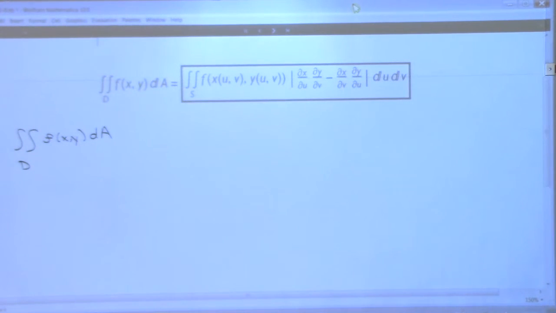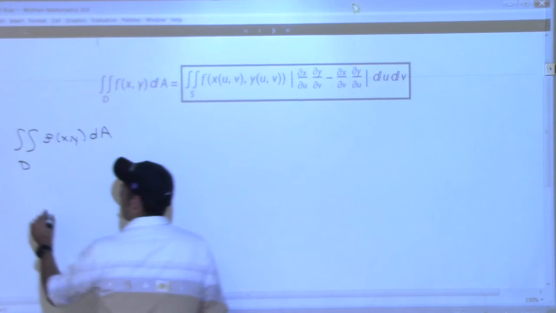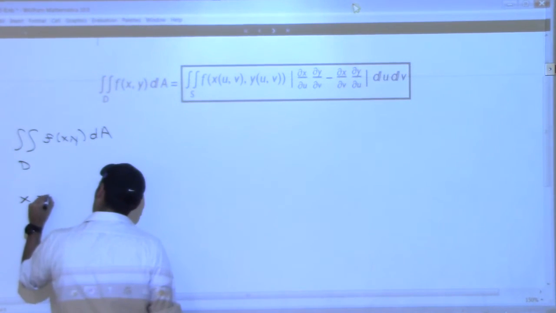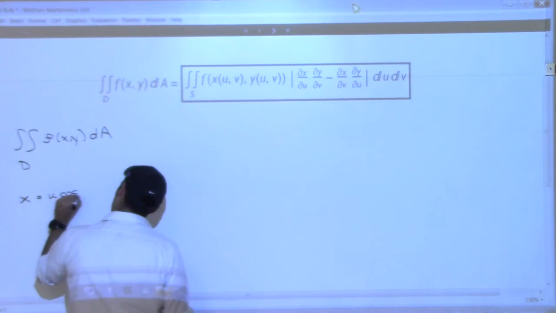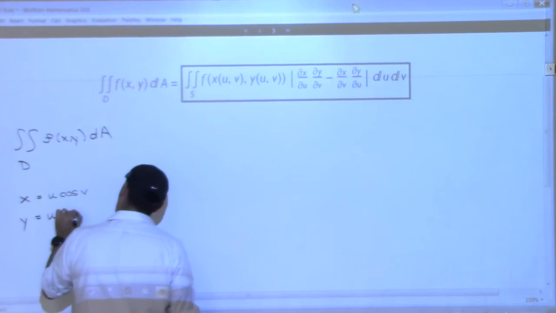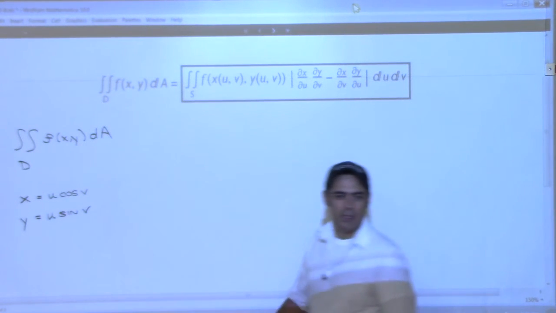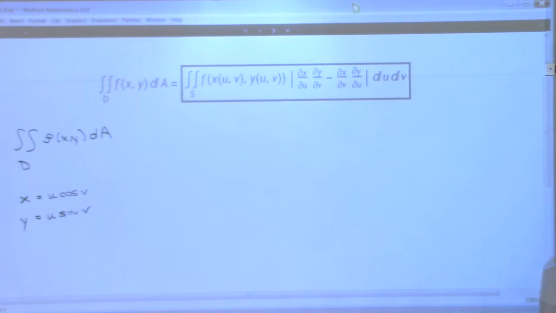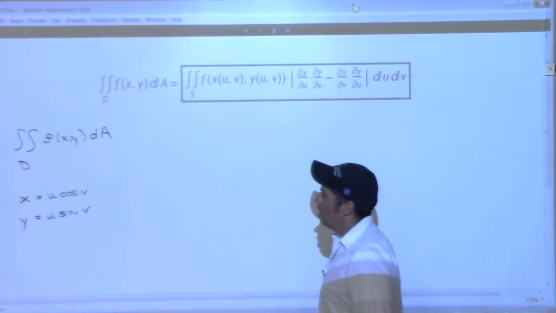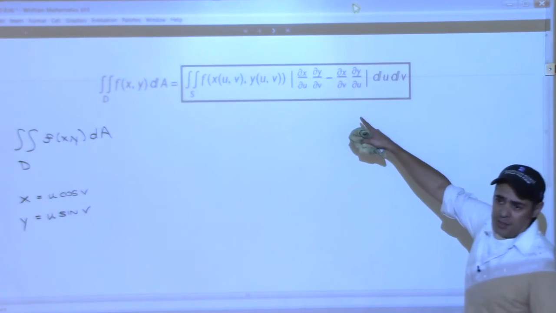The change of variable I'd like to do is to replace x with u cosine v and y with u sine v. Look familiar? That's basically like r cosine theta, r sine theta, right? So I'm going to make a polar conversion, just using different letters instead of r and theta, right?